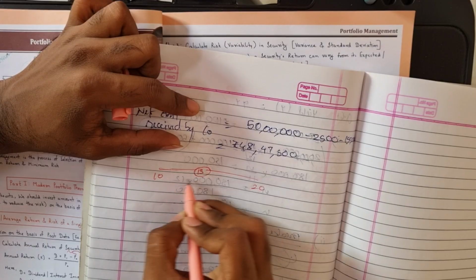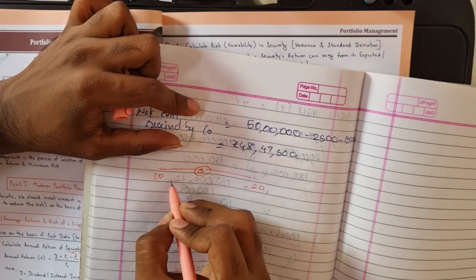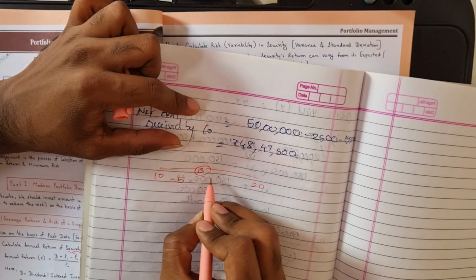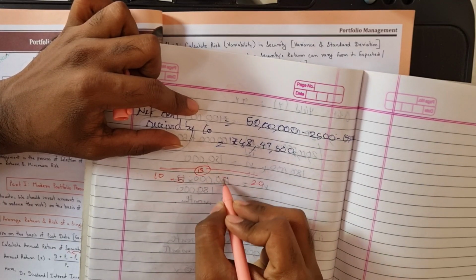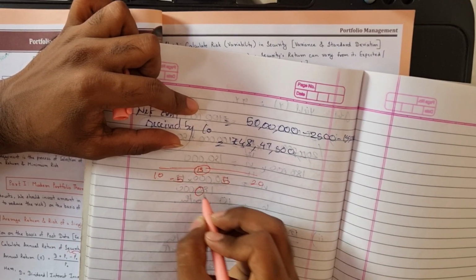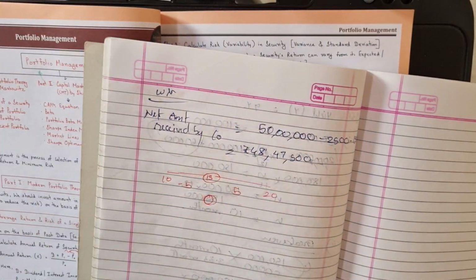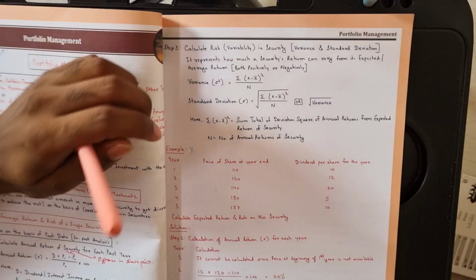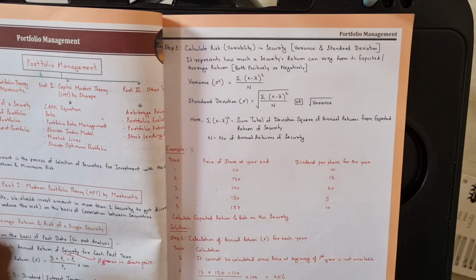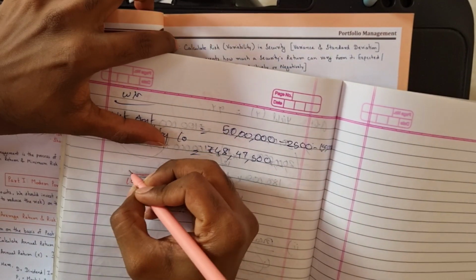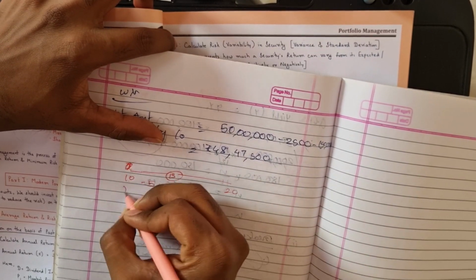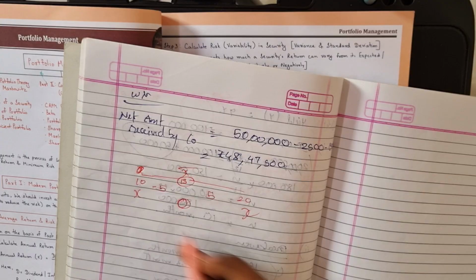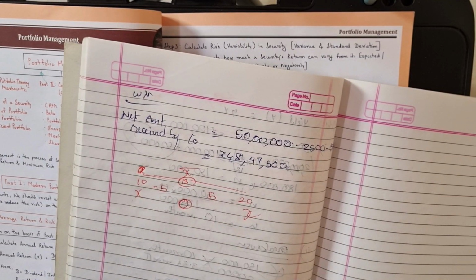Here 10 minus 15 is minus 5, and here 20 minus 15 is 5. So the net amount will be 0 only. That's why we cannot take x minus x bar, annual return minus average return; we will get 0 only.